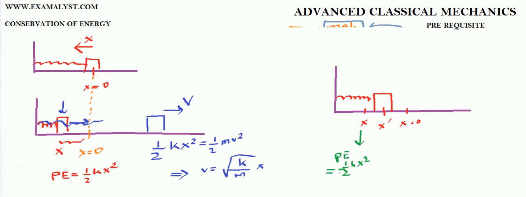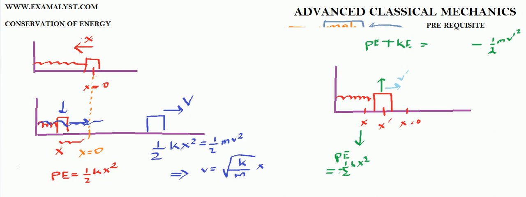But at this position, the object has some velocity. It means it has not only a particular potential energy, but also some kinetic energy. Now assume that at this position the mass has velocity v dash. Then can you tell me what is the kinetic energy? Obviously kinetic energy is very easy. You will write it as half m v dash square.